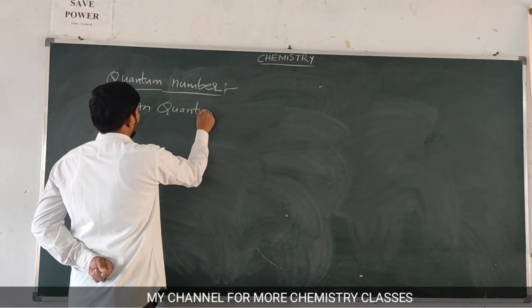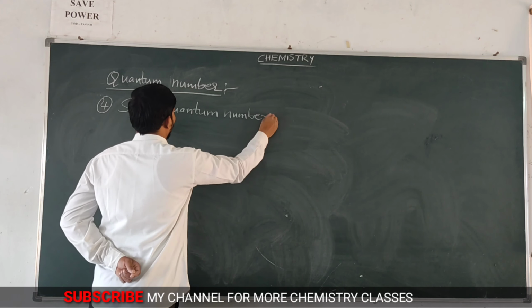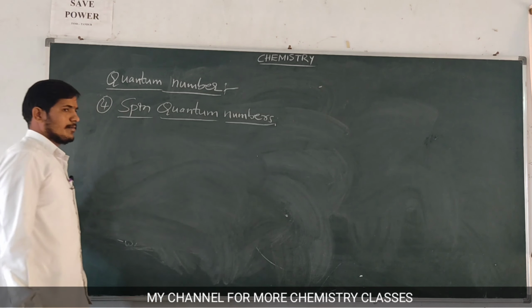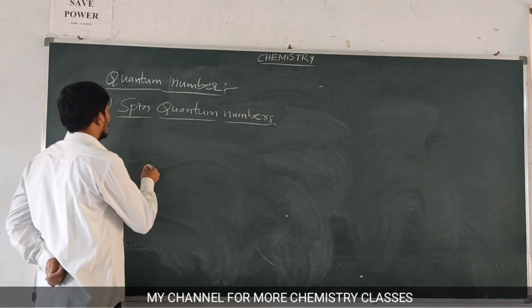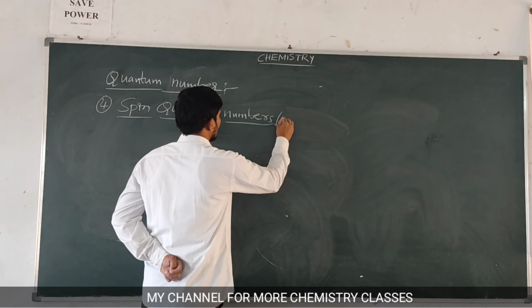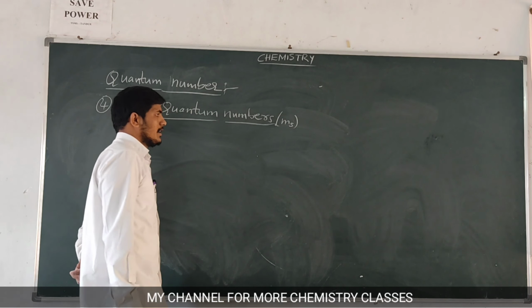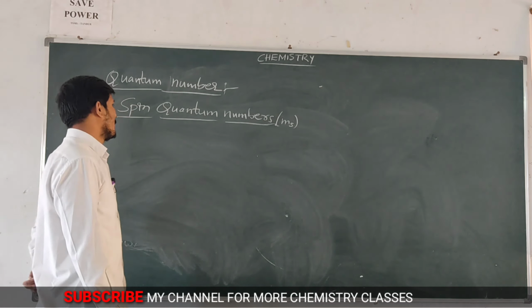The spin quantum number is denoted with m subscript s, ms.